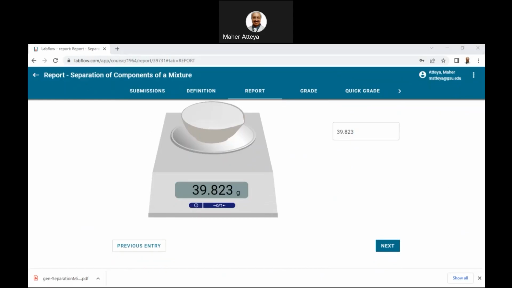Let me take a snapshot of this. Again, let's see. Next, so 39.823. So here it is. And copy. And I'm pasting this one here.